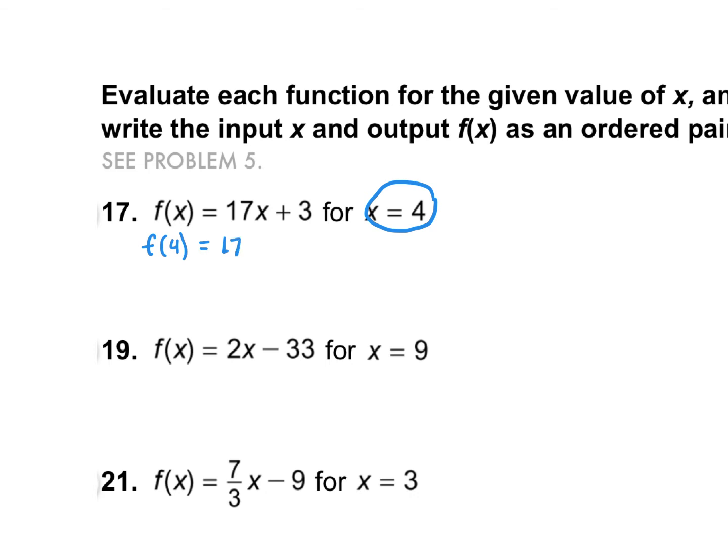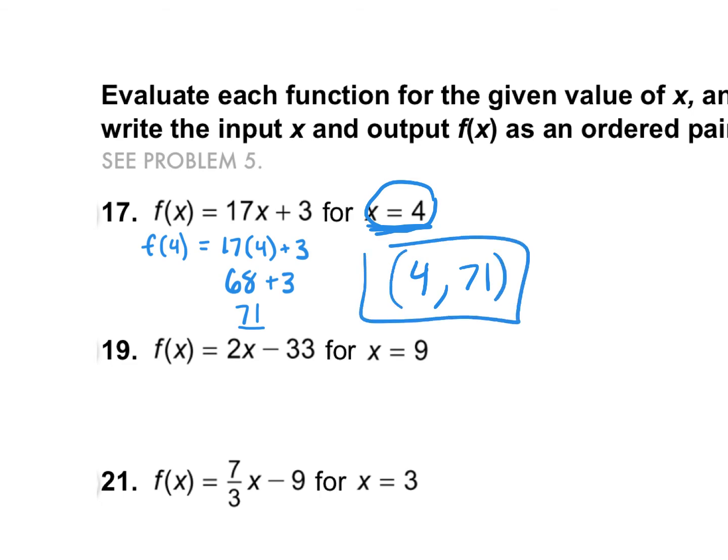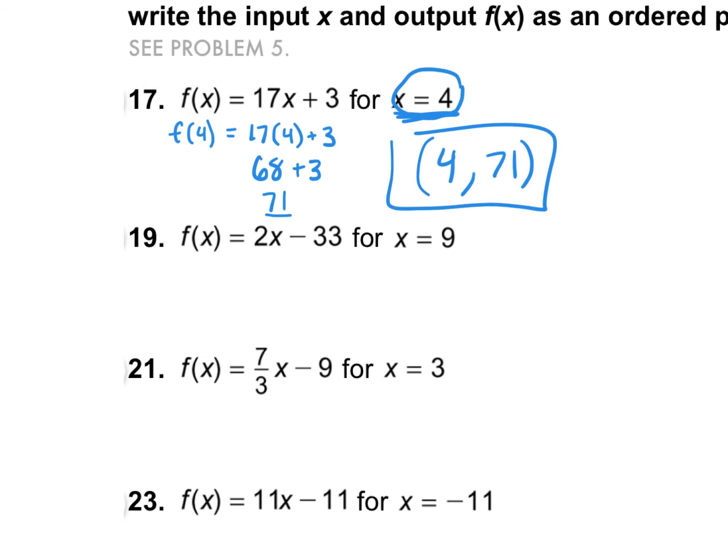So 17 times 4 plus 3. 17 times 4 would be 68, and 68 plus 3 is 71. So my x value was 4, so that's my first number in my coordinate pair, and then my y value that I get, my output, is 71. So my coordinate pair would be 4, 71.